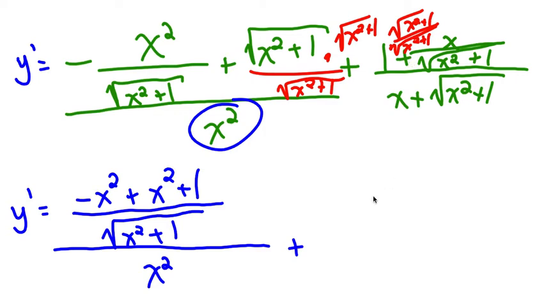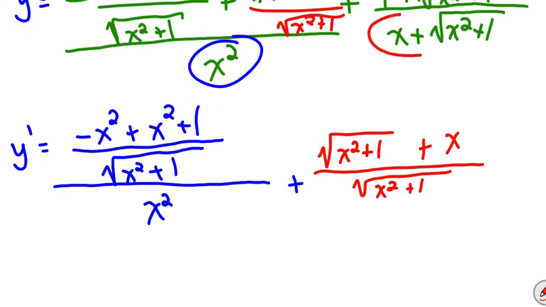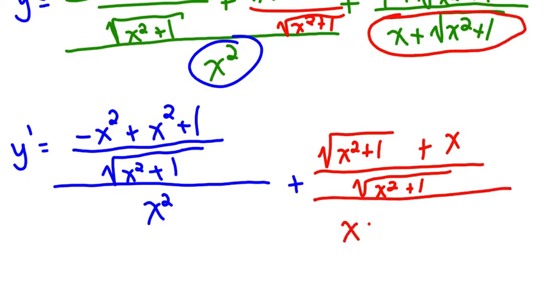So what that will give me now is square root of x squared plus 1 plus x, all over, well, this is still part of the numerator, square root of x squared plus 1, and then we still have this stuff on the bottom of the big fraction, so big fraction x plus square root of x squared plus 1.